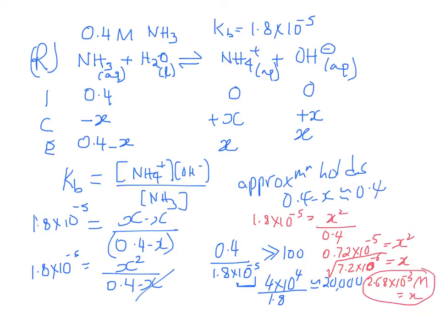So x was a concentration, remember, and it's the concentration of ammonium and hydroxide. So if you were to determine the concentration of ammonia, you would simply say 0.4 minus 0.00268, and that would give you your concentration of ammonia.